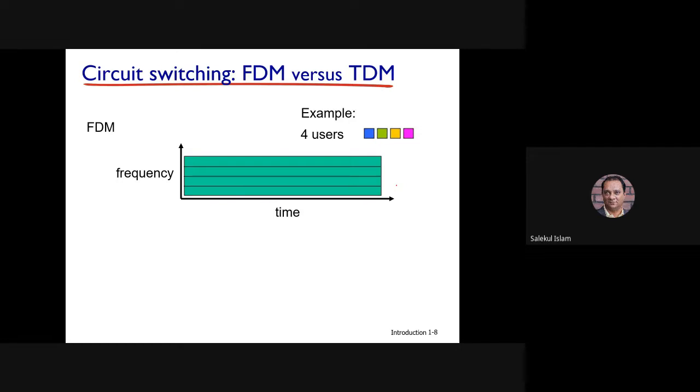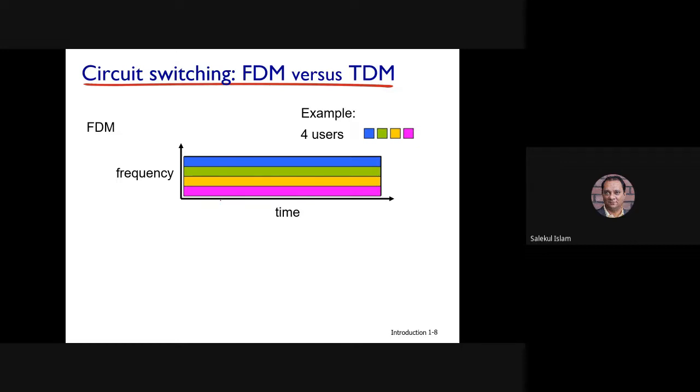Say for example first 1000 hertz, then from 1000 to 2000 hertz, then 2000 to 3000 hertz, in this way. And then different signals are transmitted in different frequencies. So you can think that you have 4 users, and 4 users are using 4 different frequencies.